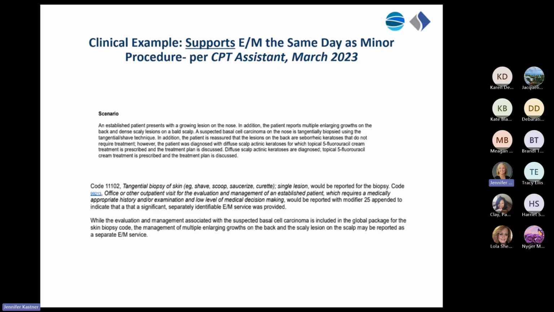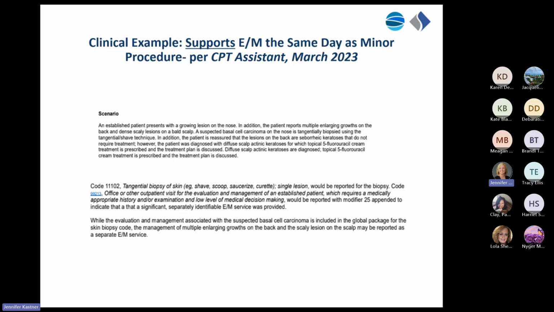Looking at the scenario, this patient is an established patient with a growing lesion on the nose. In addition, the patient reports multiple enlarging growths on the back and dense scaly lesions on a bald scalp. A suspected basal cell carcinoma on the nose is biopsied using the tangential shave technique.